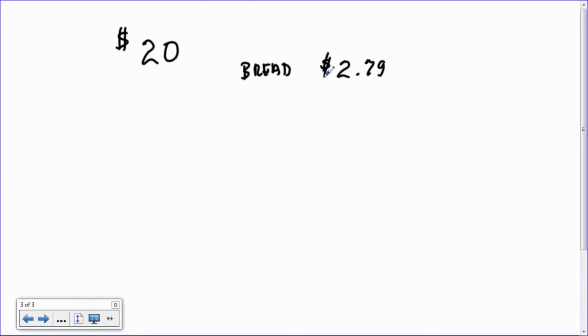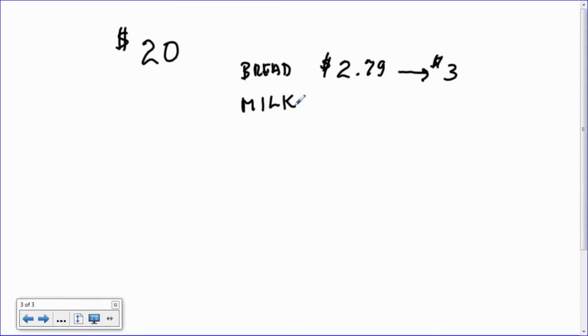Now, you want to make sure you have enough money to pay for the bread, $2.79. Well, if that was the only thing you were getting, the $20 is going to cover it. But let's suppose as you're going along, you sort of mentally say that's $3, okay?